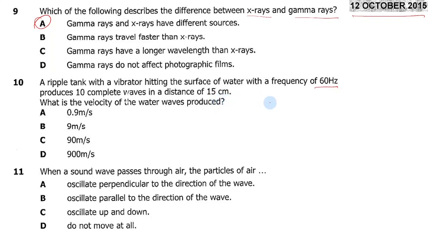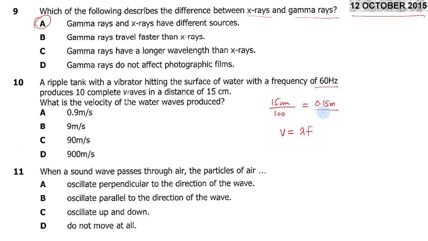So let's convert 15 centimeters into meters by dividing by 100, so that we get 0.15 meters. So now the frequency is that and the distance is that. We know speed is wavelength times the frequency.